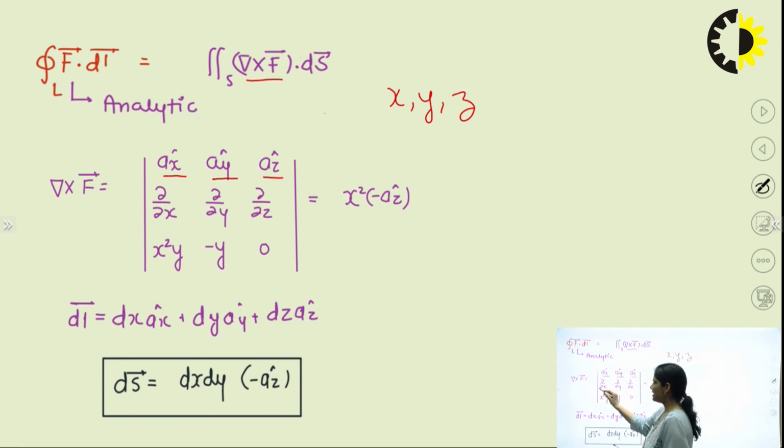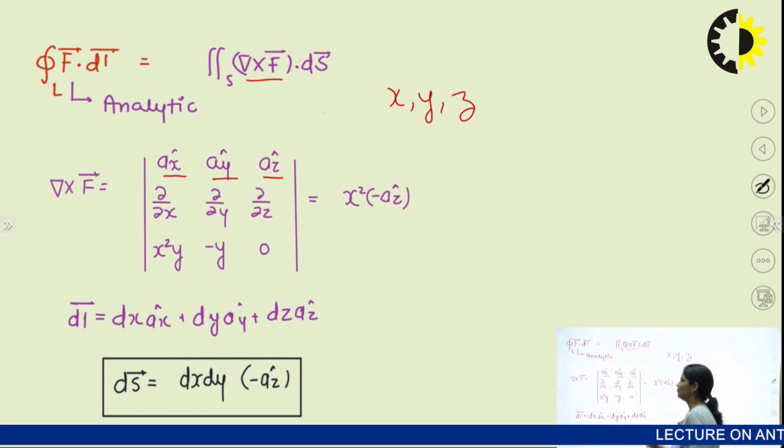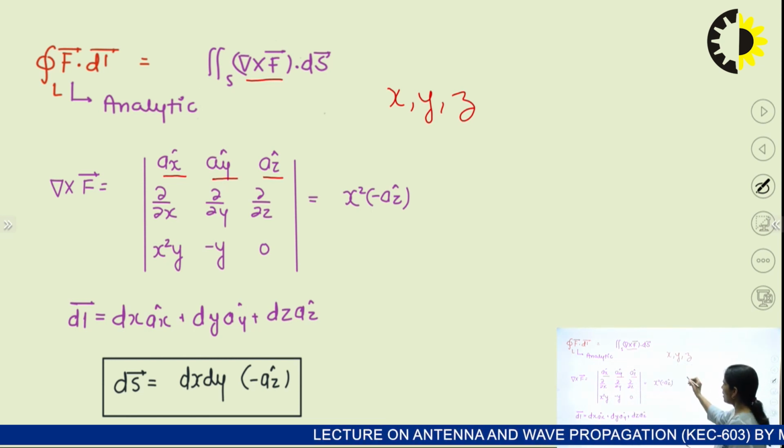Now del upon del x, del upon del y, del upon del z. Now write down the values from vector F: for the unit vector of x, write down x square y, here minus y, here 0. Now find out the curl. How can we find it out?